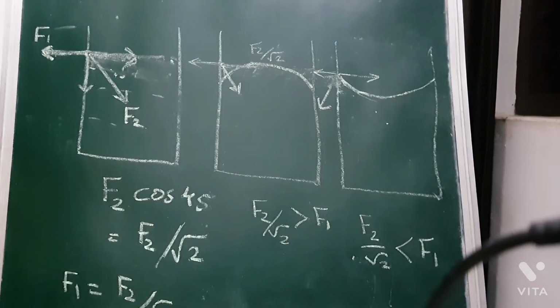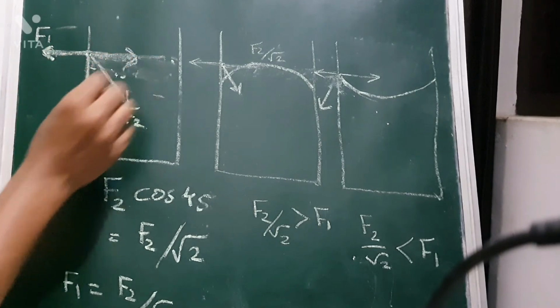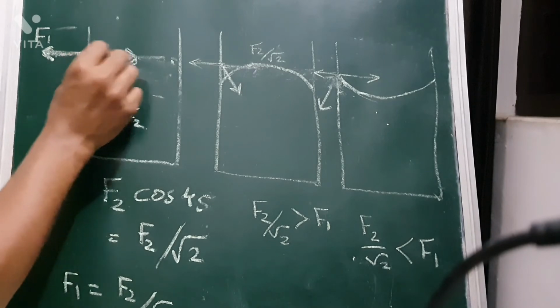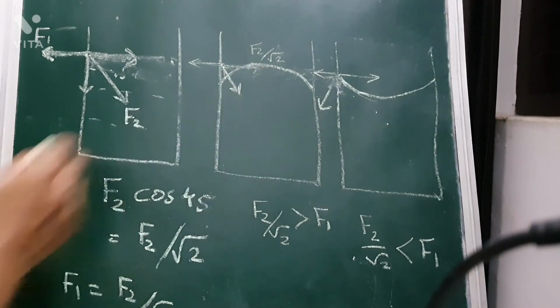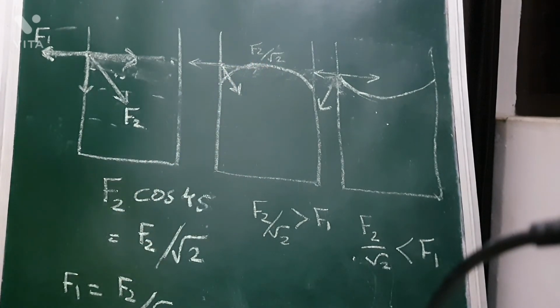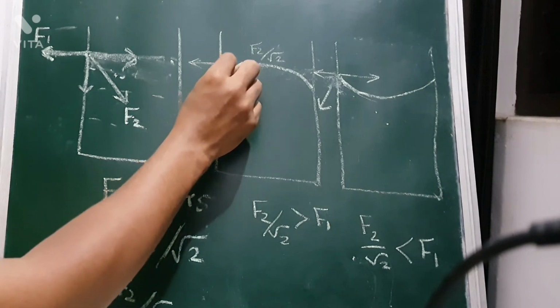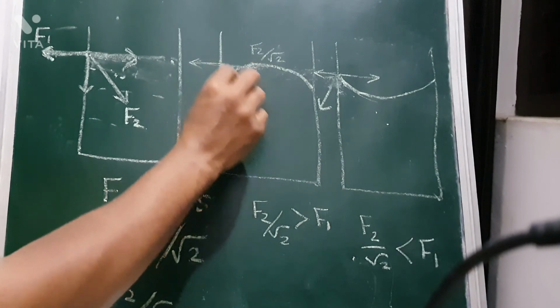We have three cases. In one case, the F1 acting will be equal to the x component of F2, that is F2/√2. In that case, we will get a flat meniscus. In the second case, the x component of F2, that is F2/√2, is greater than F1. In that case, this molecule will have a force towards the inverse.